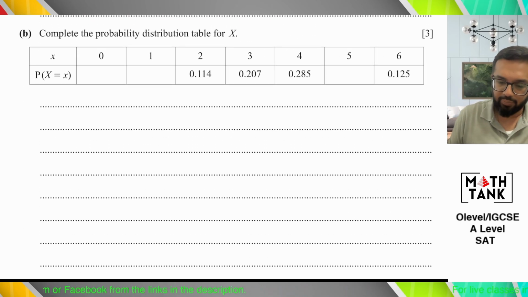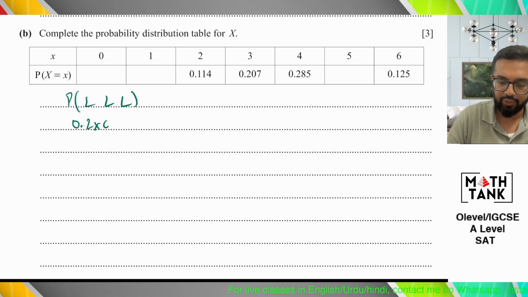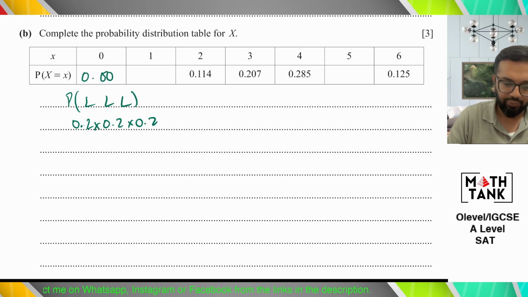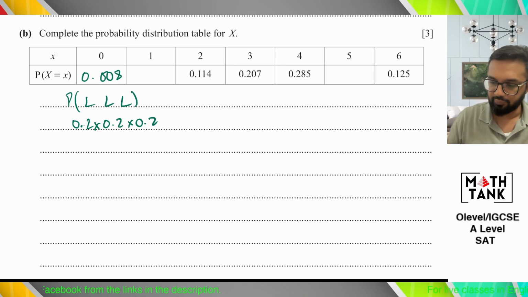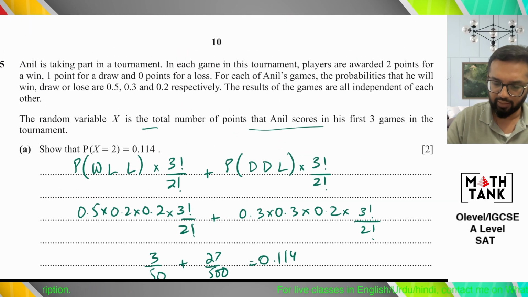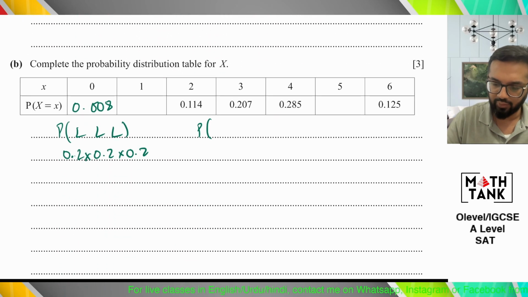Okay, some of it is completed. 0 should be easy. That means I lose all of them. So 0.2, 0.2, 0.2 gives me what? 0.008. Okay, scoring a 5 should be easy. That means I win 2 of the games and draw 1.